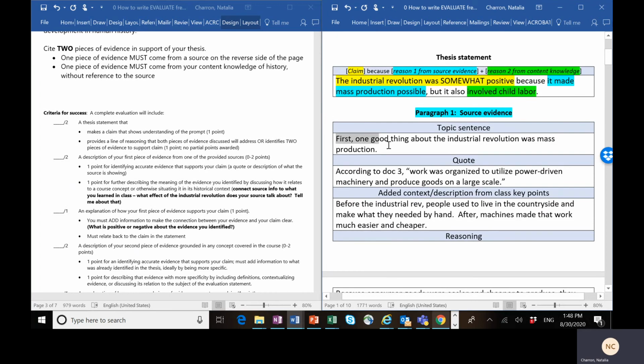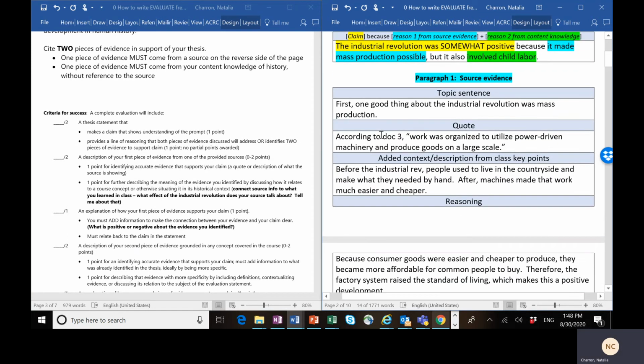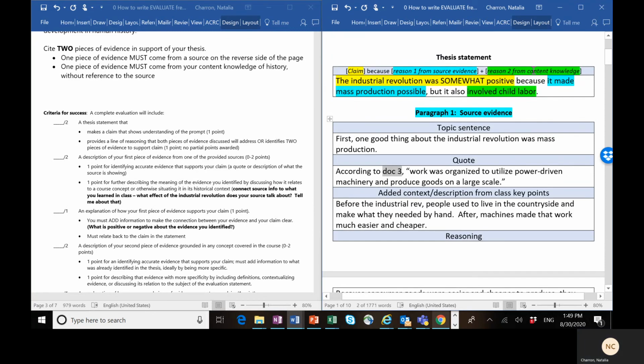You will get 1 point total if you have a topic sentence for paragraph 1, a topic sentence for paragraph 2, and in paragraph 1, you cited the specific document that you're going to quote. That's the writing point. It's just for clarity of writing, but it's one that you don't actually have to know a whole lot in order to do. It's just formatting. So make sure that you're formatting things correctly. So far 3 points for the writing.